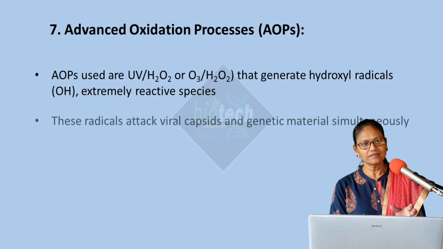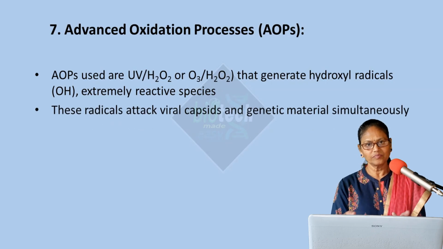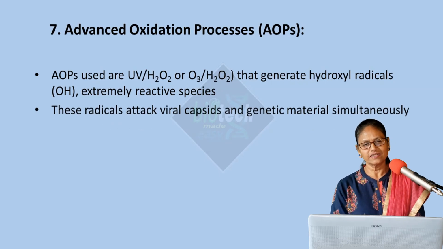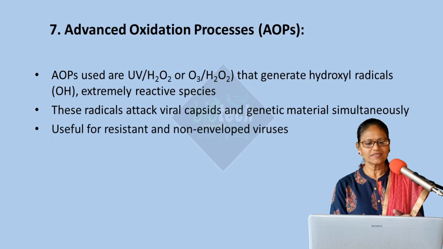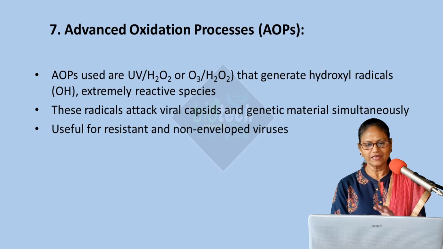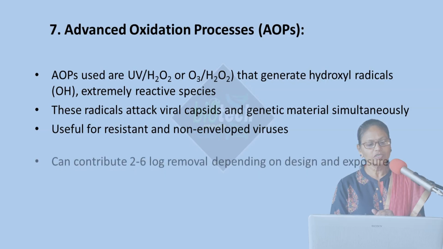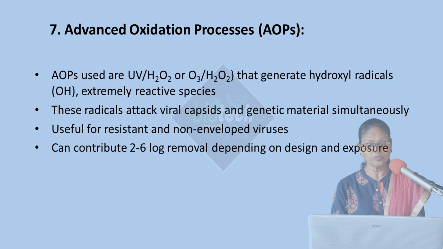These radicals attack the viral protein coat and also the genetic material simultaneously. And this is useful for resistant as well as non-enveloped viruses. Even if they are naked viruses, it is still useful. It can contribute to 2 to 6 log removal depending upon the design and exposure. So this is an advanced method, which can be used for the higher log also.